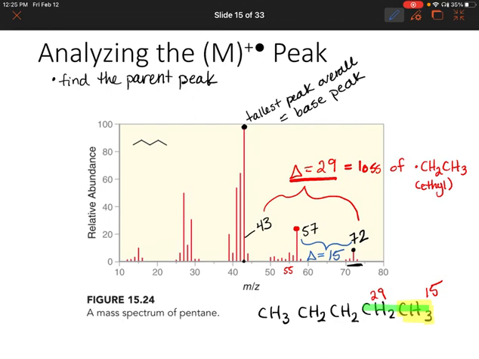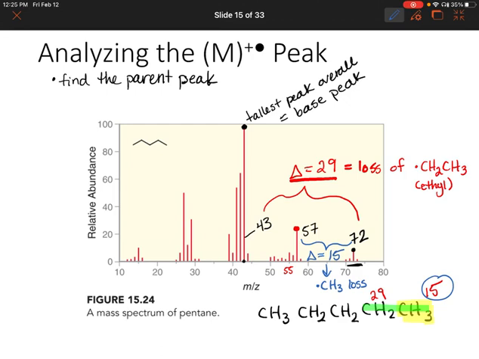So that would be due to the loss of a methyl group. All right. So if we didn't know what our molecule was, we would at least know that we do have an ethyl group and a methyl group. That's part of our molecule. And we could keep going.